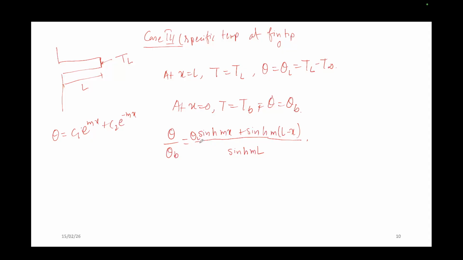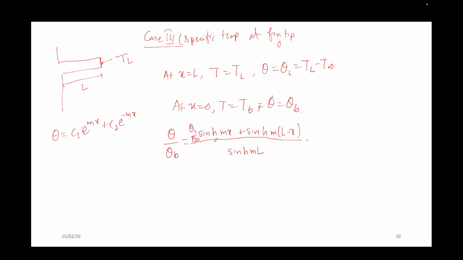Do you have books? I have to check. Yes, you are right. So that is theta L by theta b, sinh mx plus sinh m(L minus x) by sinh mL.